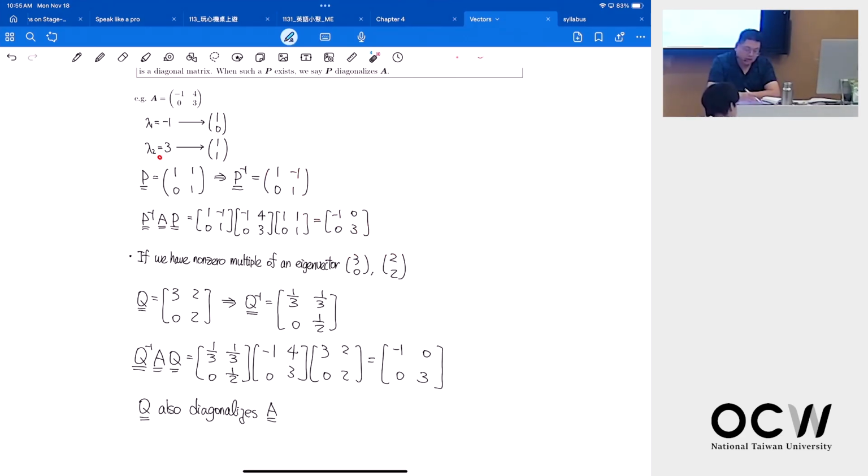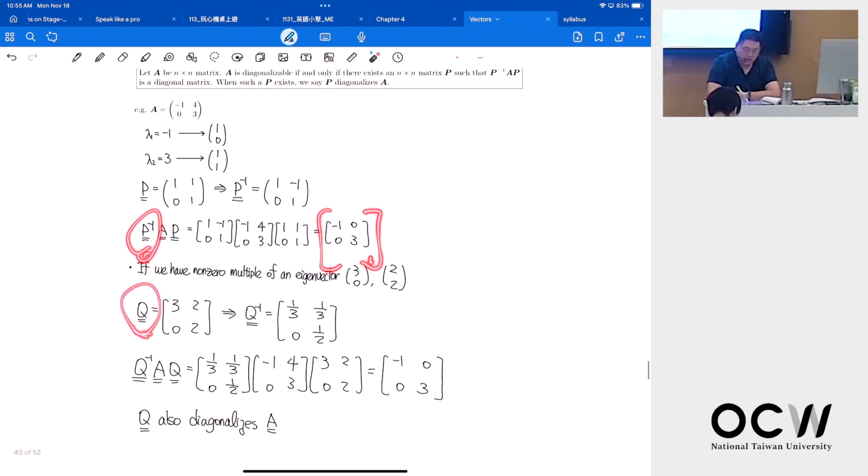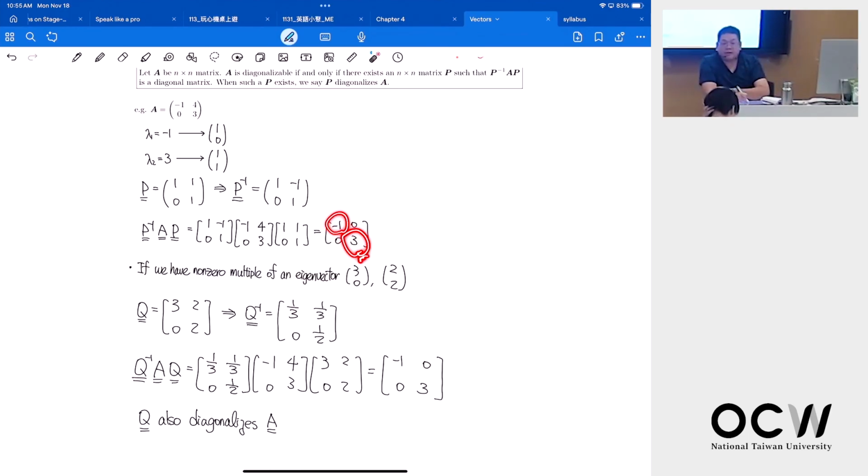Once you have the correct eigenvalues, then you use your corresponding eigenvectors to form the matrix. Then that matrix can diagonalize this A. And no matter what your Q or P matrix is, the answer will always have your eigenvalues on the main diagonal elements. Okay?